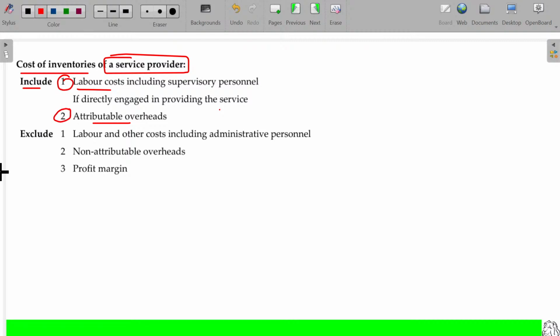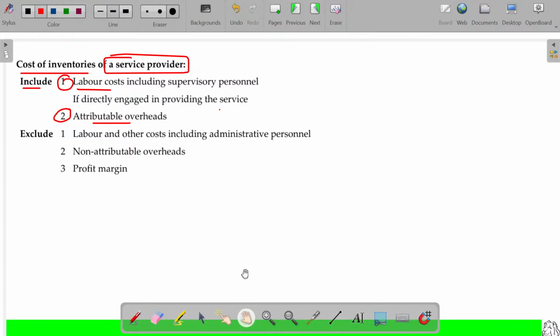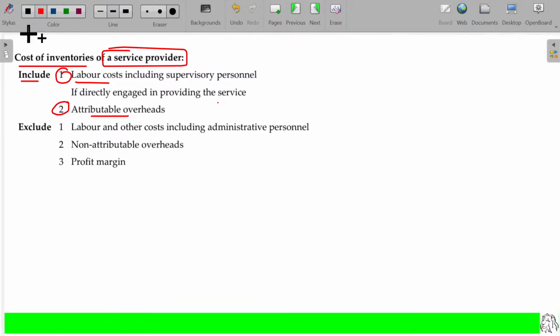So for example, I am rendering consultancy services. The consultancy service is billed at rupees 1 lakh, but currently that service is under process, not completed.